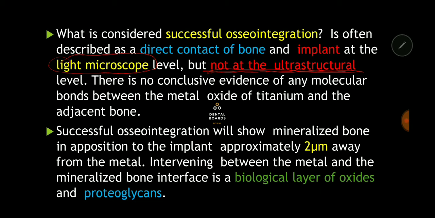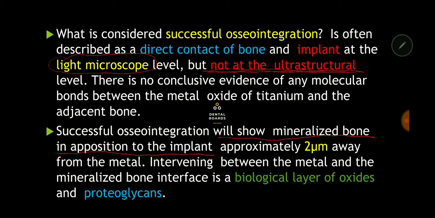However, at the ultrastructural level you see there are some spaces between the bone and the implant. There's no conclusive evidence of any molecular bond between the metal oxide of titanium and the adjacent bone. Usually successful osseointegration will show mineralized bone in apposition to the implant.